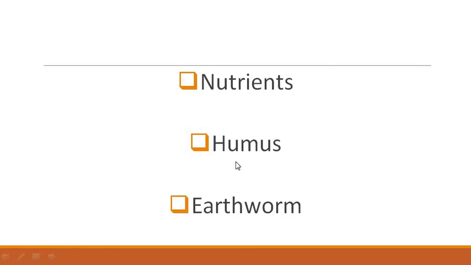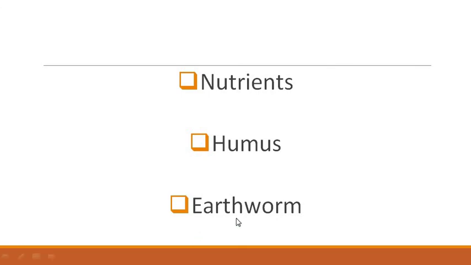Humus. Repeat a second time. Humus. Great. See, I am trying my level best to pronounce it as clearly as I can. So it's your duty now to accept that pronunciation, to grasp that, and to repeat that.